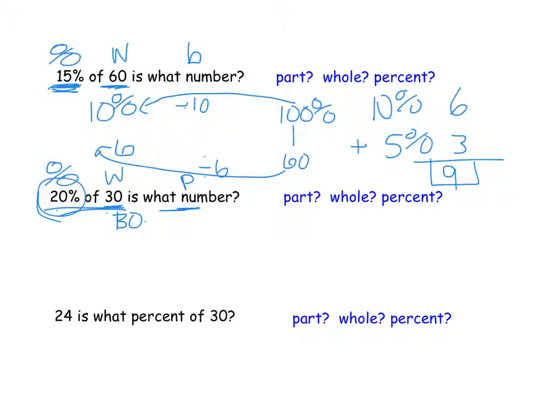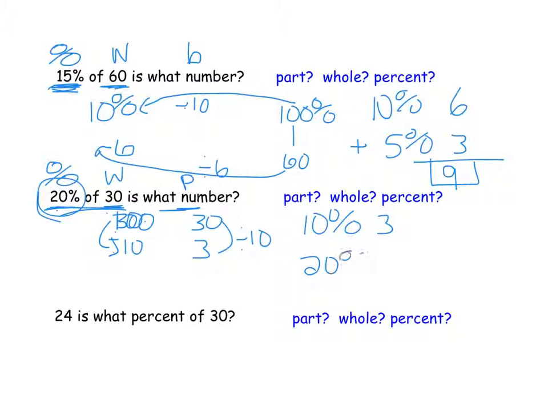So 30 is 100%. So I'm going to divide by 10 to get to 3. So 10% is 3. So 20% would be another 3, which is 6. So 6 is 20% of 30.